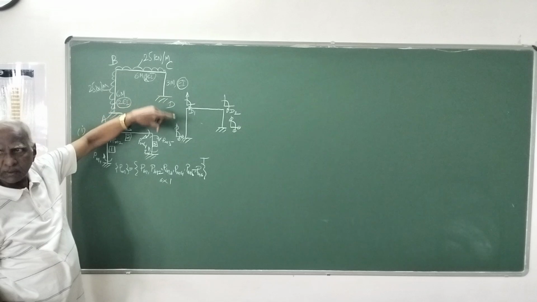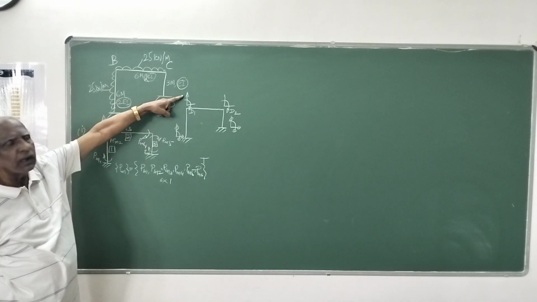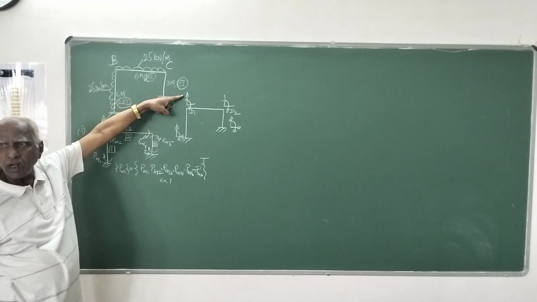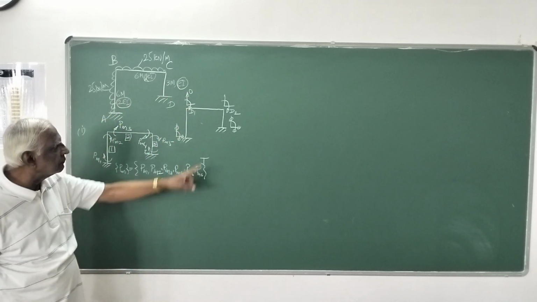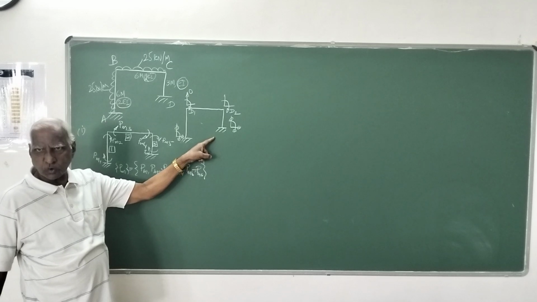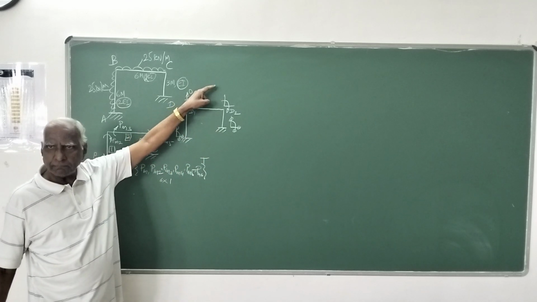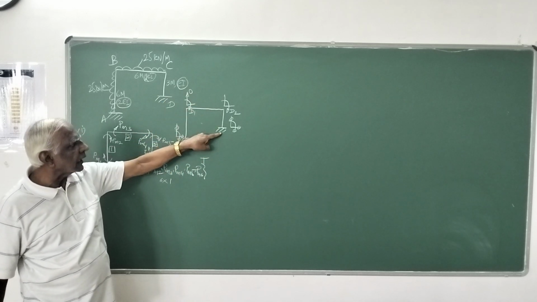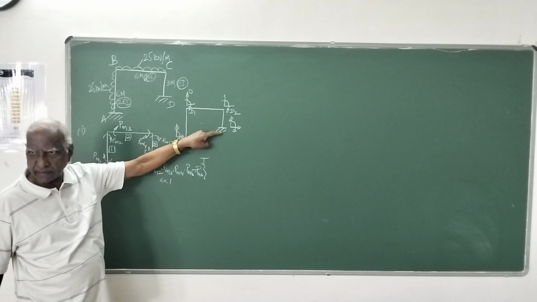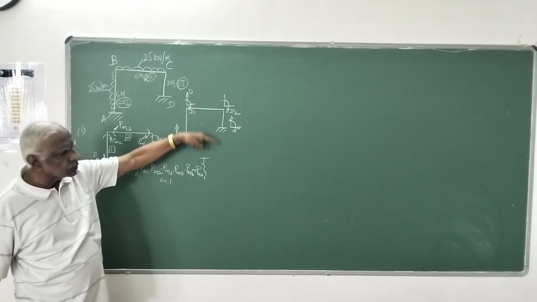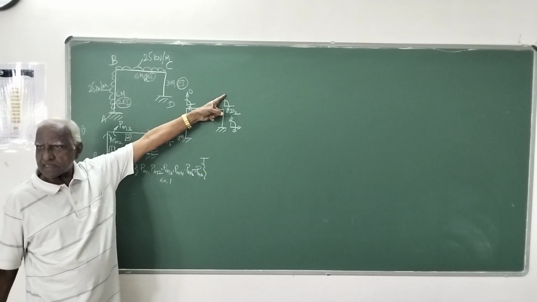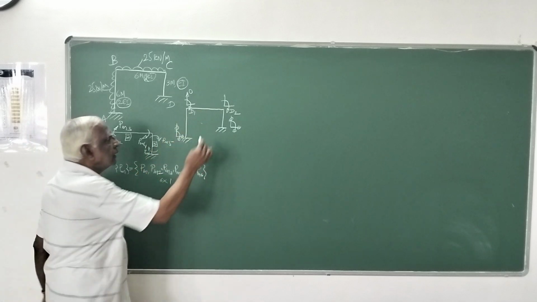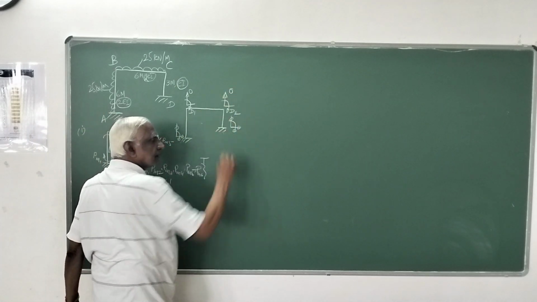So when it is not possible to move, the vertical displacement here also should be 0. On the same argument, for member CD also, though this end can move up or down, the other end of the member CD, that is D, should also move up or down, which is not possible. So this is also 0.